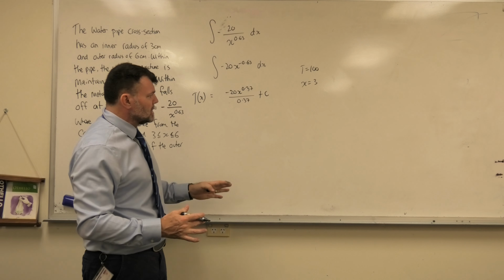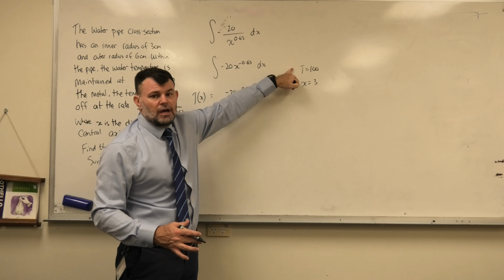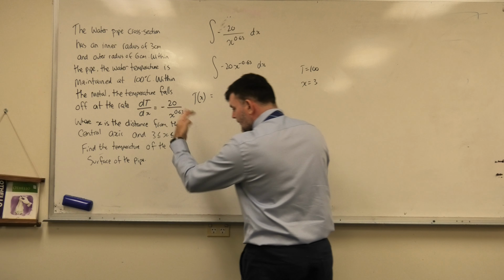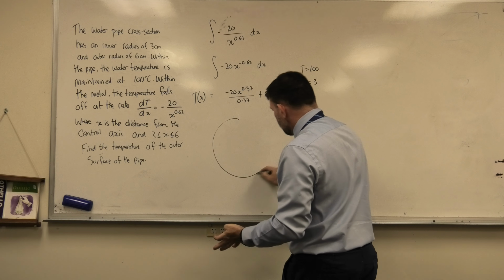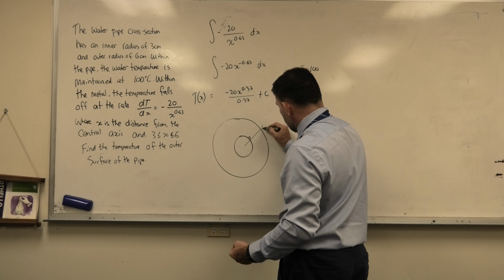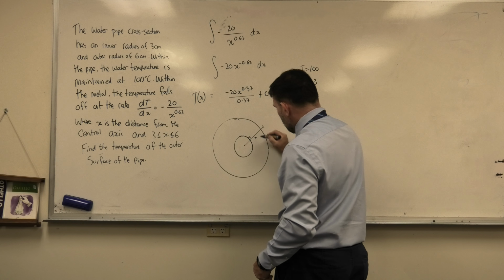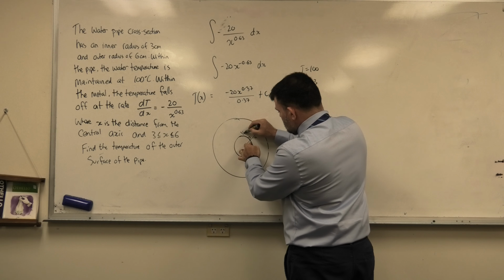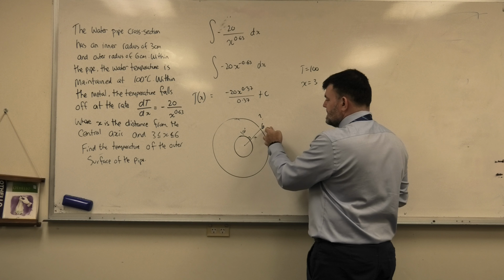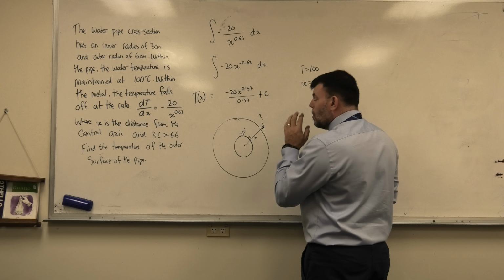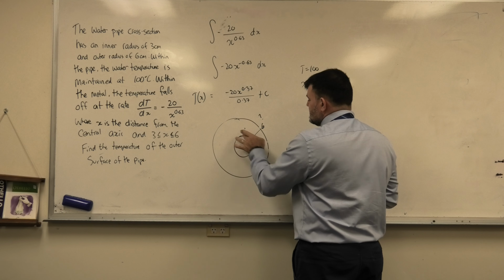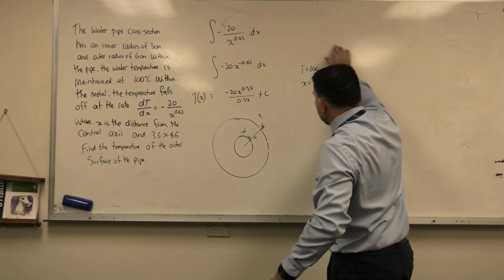So the temperature initially at 3 centimeters is 100 degrees Celsius. If I were to draw a picture, we've got 3 centimeters here and 6 centimeters here. We know that at 3 centimeters it's 100 degrees. What we don't know is what it is at 6 centimeters. We do know that it's decreasing, and that initially at 3 it's 100. So here are my initial conditions.